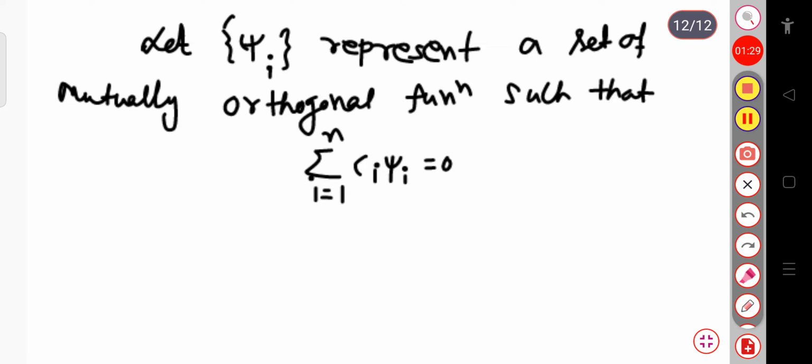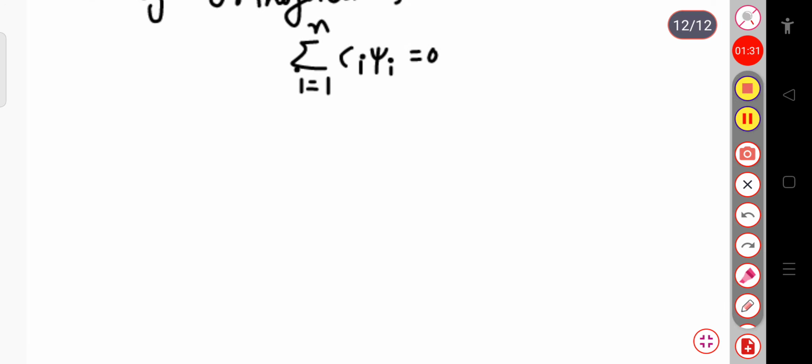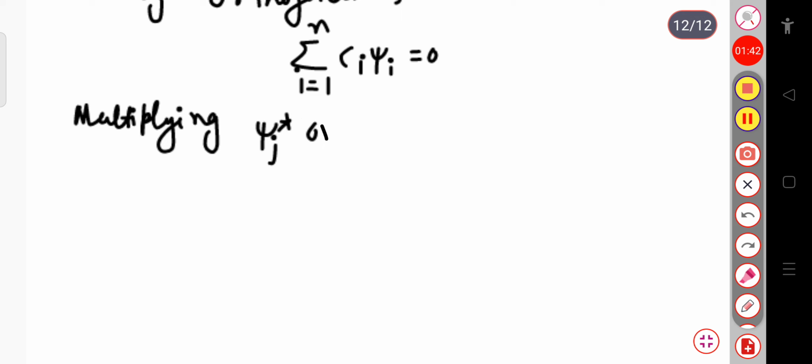Now I will multiply by psi j star on the left, that is on both sides, and on the right-hand side that goes to 0.